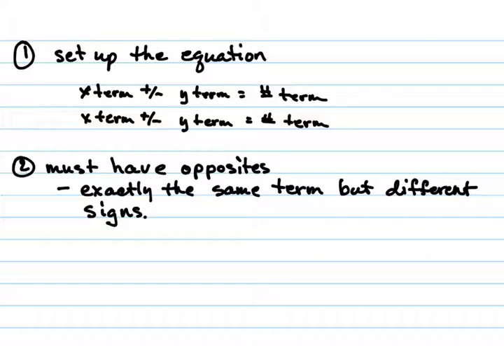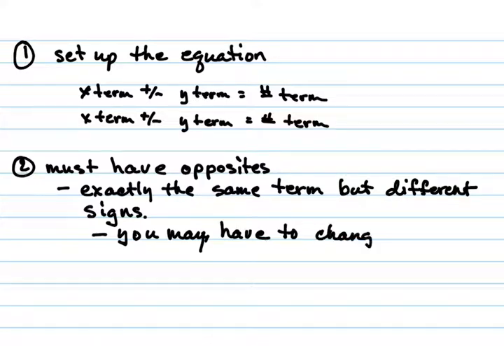They have to be exactly the same term. Now, sometimes you'll get lucky and you'll have opposites, but most of the time, you may have to change signs, which is perfectly fine. You can change the signs of an equation as much as you want to.